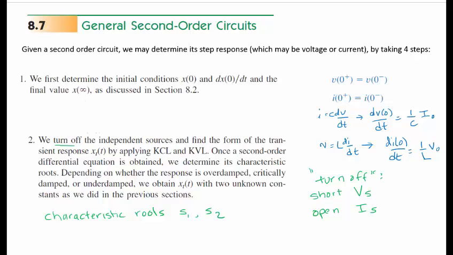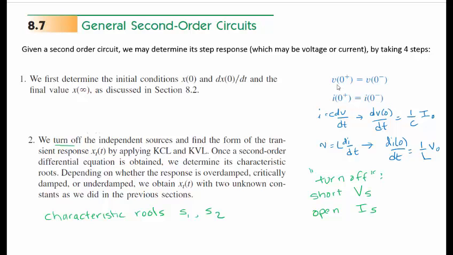So these are the things to keep in mind with step 1: on a capacitor, the voltage at 0 plus is the same as the voltage at 0 minus. So the capacitor voltage doesn't change instantaneously. And for the inductor, the inductor current cannot change instantaneously either, before and after 0 or whatever event occurs.